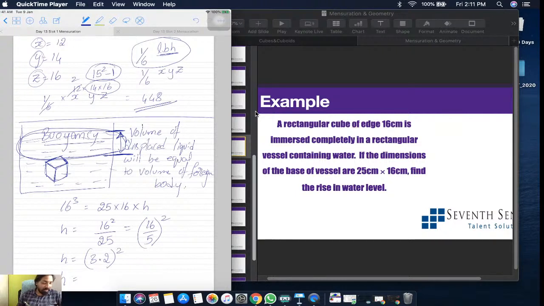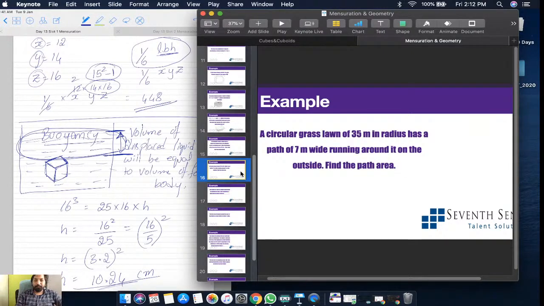If 32 square is 1024, 3.2 square is 10.24. 10.24 centimeter in this case. So the height displaced will be equal to 10.24 centimeter.